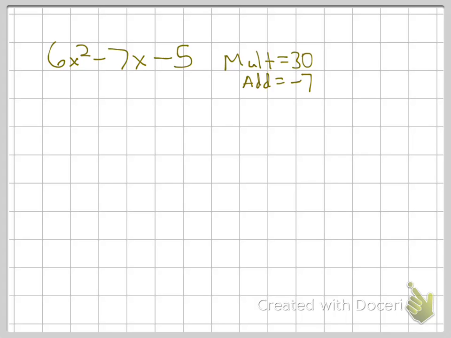So positive product, but negative sum, one of them needs to be -30. There we go. Negative product, negative sum, we're going to have a positive and a negative. Yeah, -10, 3. So we're going to take -7x, break it into 2 terms, turn it into factor by grouping, and factor out from there.